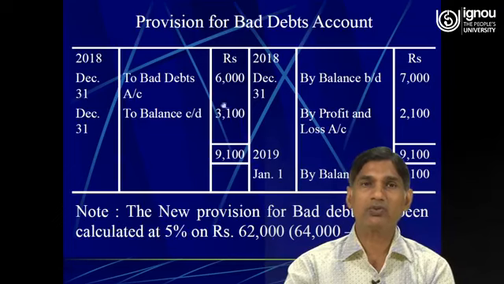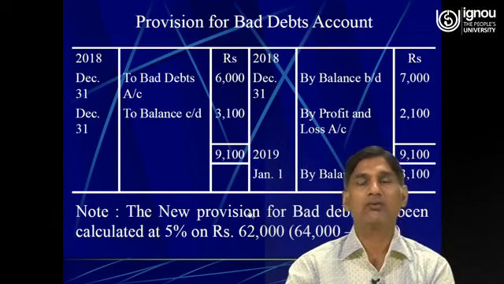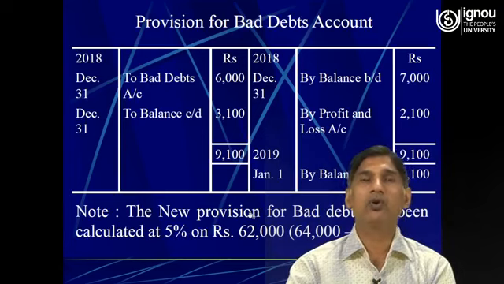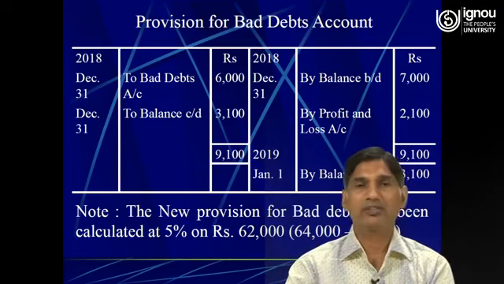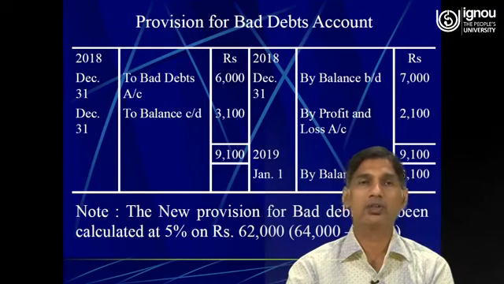This is the amount of new provision which we have calculated, because the total amount of debtors was 64,000, the amount of further bad debts was 2,000. So the new provision should always be made after subtracting the amount of further bad debts from the amount of the debtors. So when we subtract rupees 2,000 out of 64,000, the amount comes to 62,000.